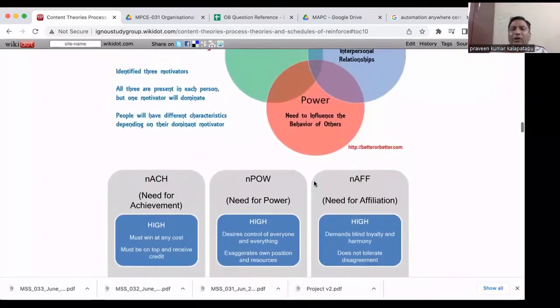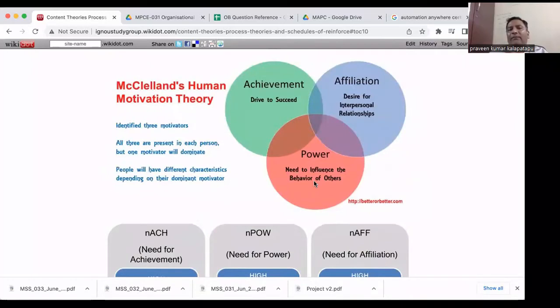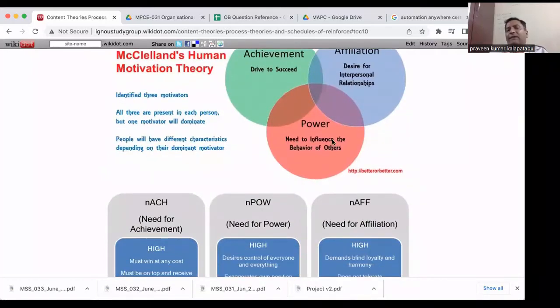He also talks about who will become what. To give you an example, one who is more interested in power tends to be a good manager. He says that if you are power hungry, then you might be a good manager because you tend to take jobs to control everyone.